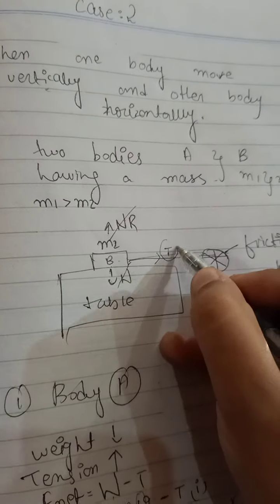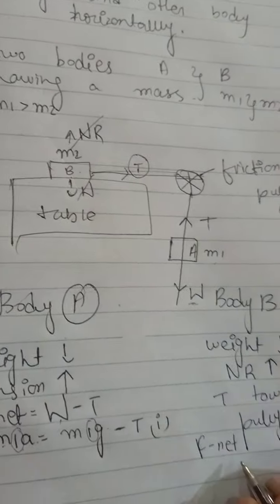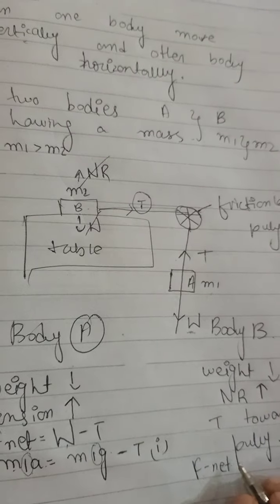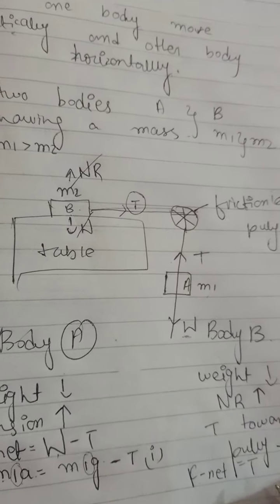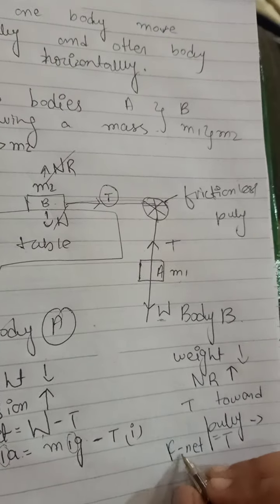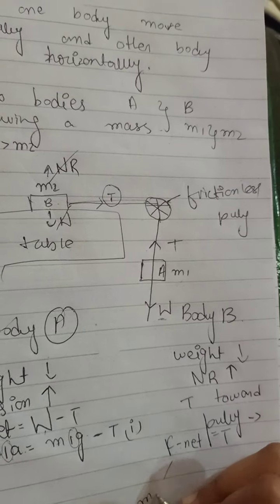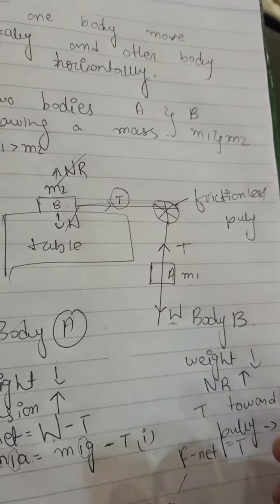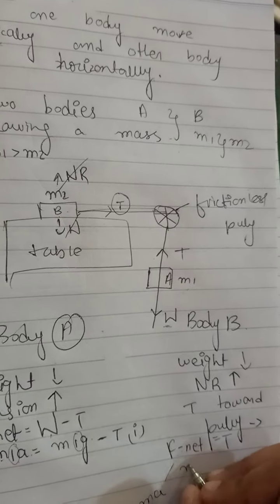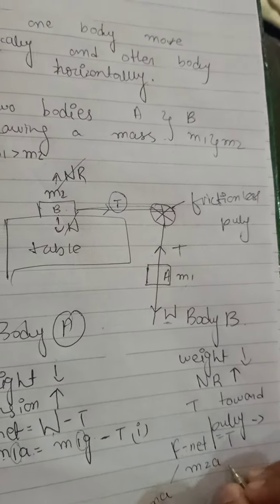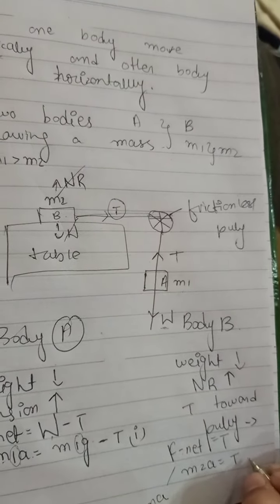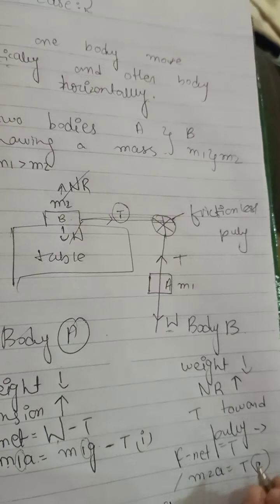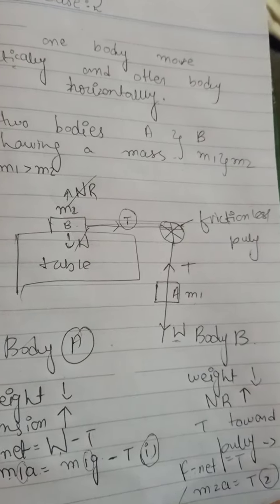The remaining one is the tension. So the net force is equal to tension, and we can write net force as F equal to ma, and since we are talking about body B, m2a equals T. That is equation number 2, and that is equation number 1.